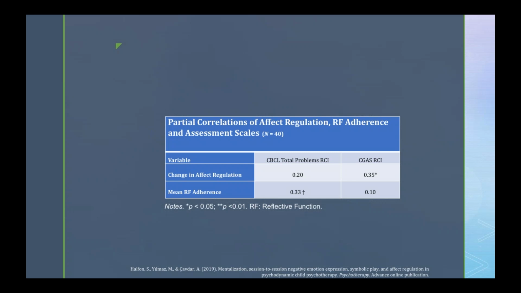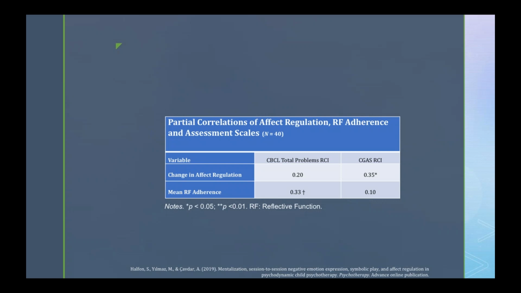Sandra writes, I wonder if you see other ways to see the link between the therapist's sensitivity and responsivity and the child's regulation other than through mentalization. There's a lot contained in the RF adherence measure. No, absolutely.